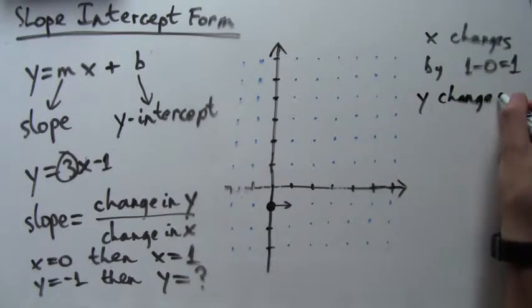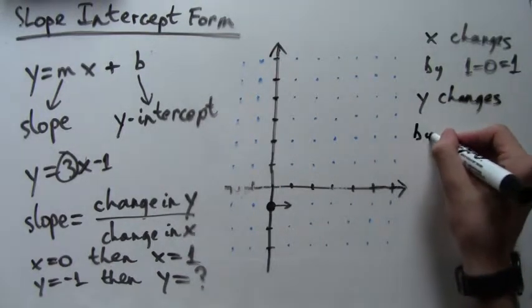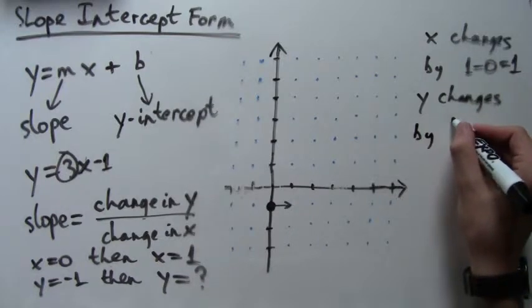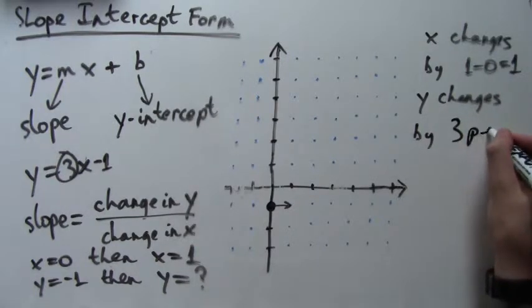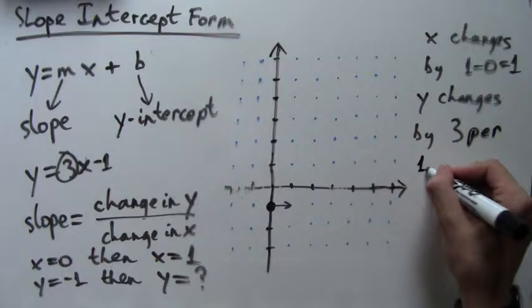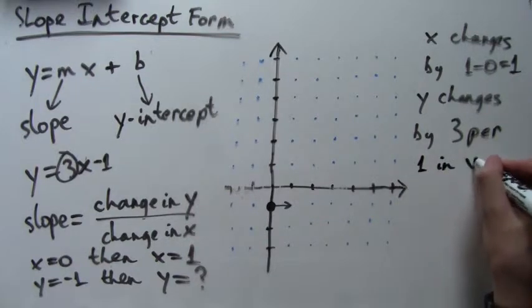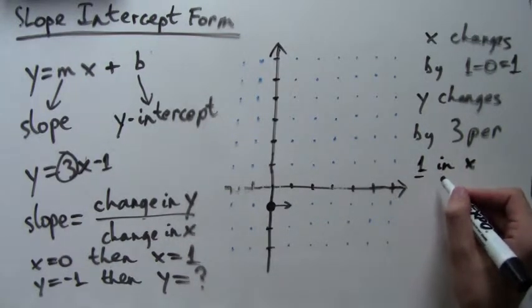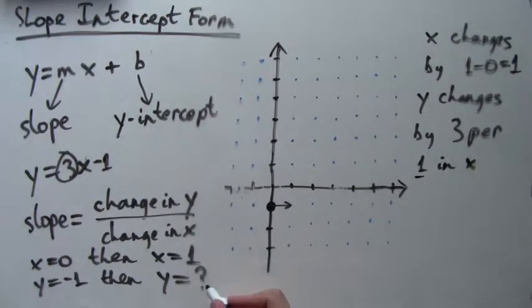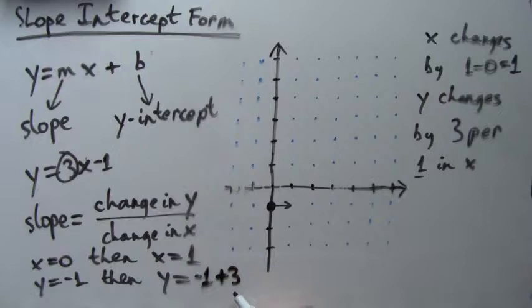So y must have changed by 3, because then we have 3 over 1. That is, our slope tells us that y changes by 3 per every change of 1 in x. That means our y goes from -1 to -1 plus 3, which is just 2.